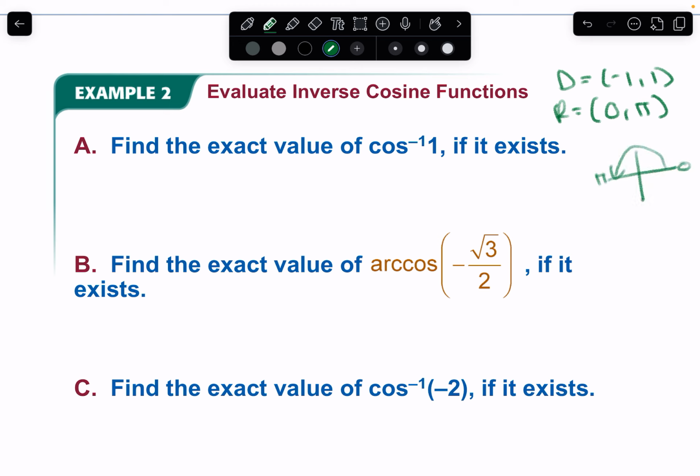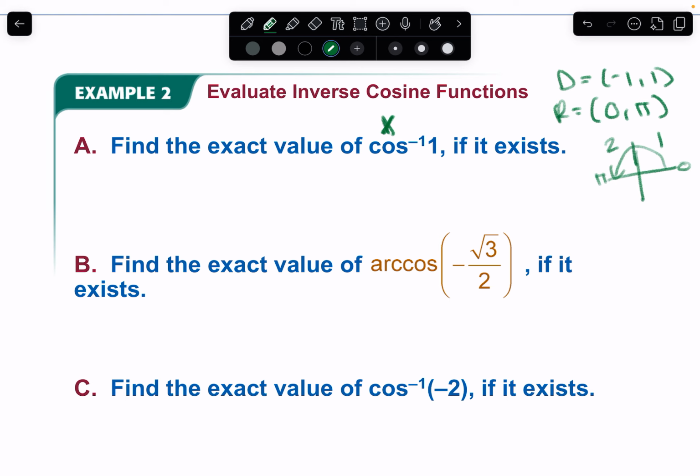So I'm looking for stuff specifically that are in quadrant 1 and quadrant 2. So if it happens to end up in quadrant 3 or quadrant 4, you're going to have to reflect it over and make it negative, like we did in example B of the last one. So remember that cosine is now your x values in your ordered pairs. So you're looking for the same thing.